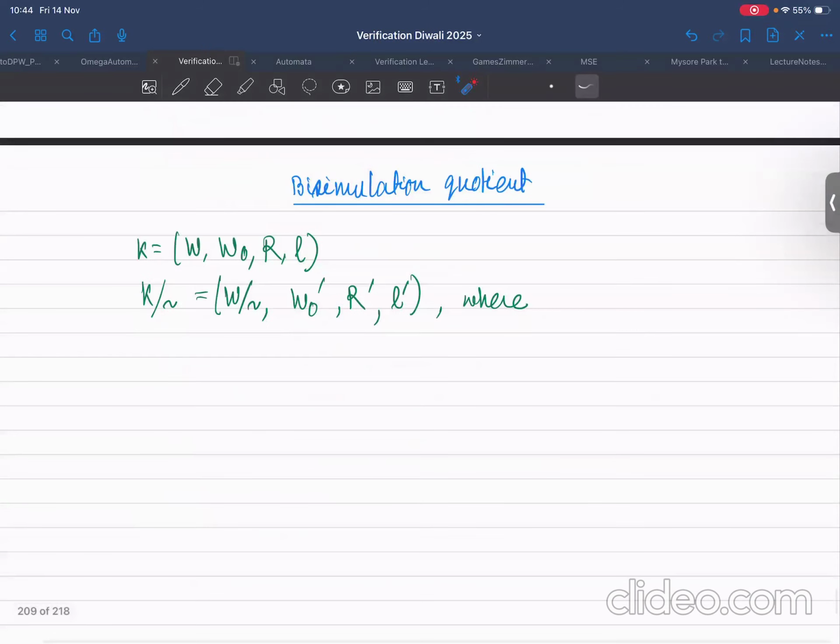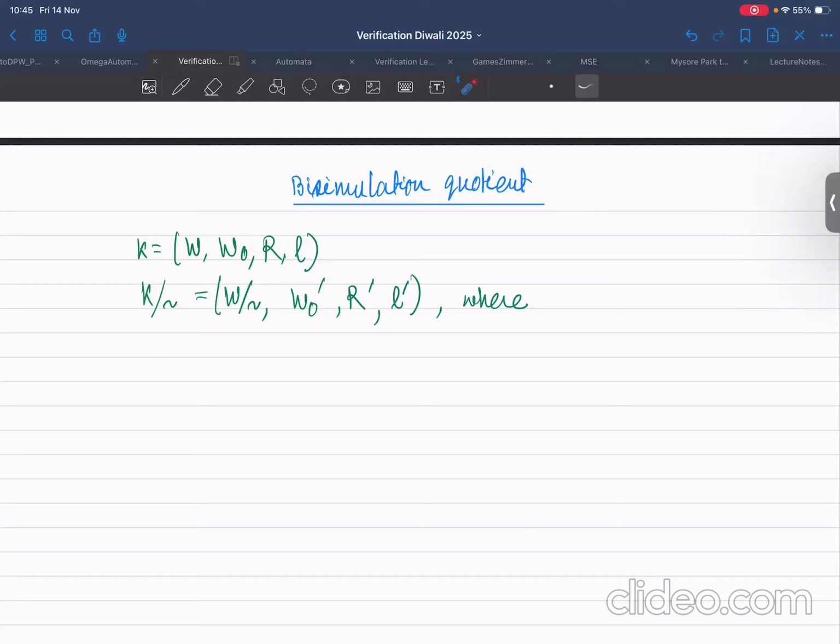Okay, now what is the notion of a bisimulation quotient? What is the idea of a quotient of a structure? In general, when you talk about the quotient of a structure, like a quotient of a group, what is the idea? In the case of bisimulation quotient, you see in a given Kripke structure what the set of states, or worlds, are that are bisimilar to each other, and then you take them together.